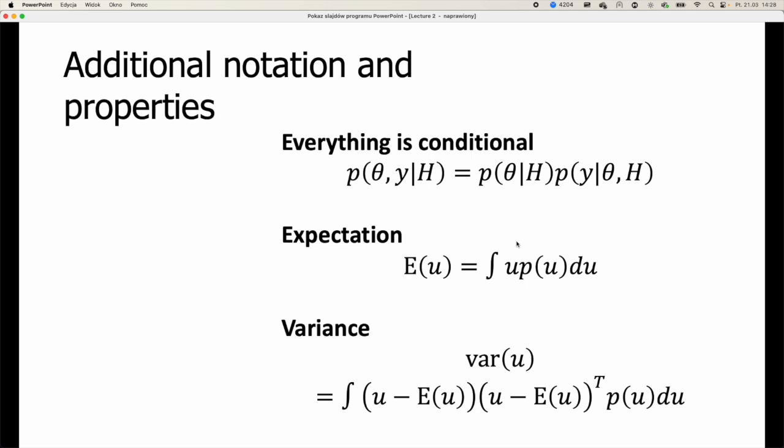Let's come back to our slides. A few additional notions need to be kept at the back of your head. First of all, everything is conditional. So all our assumptions, all our prior distributions, everything is conditional on the hypothesis that we have.